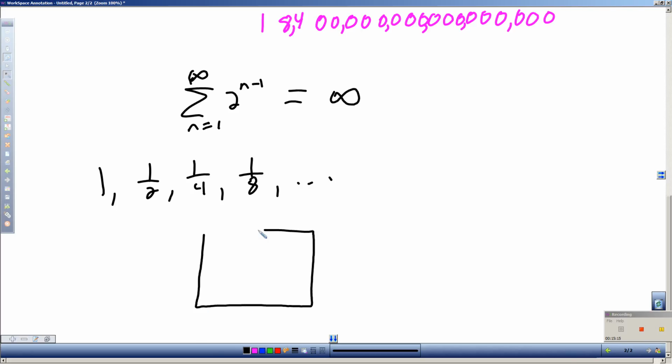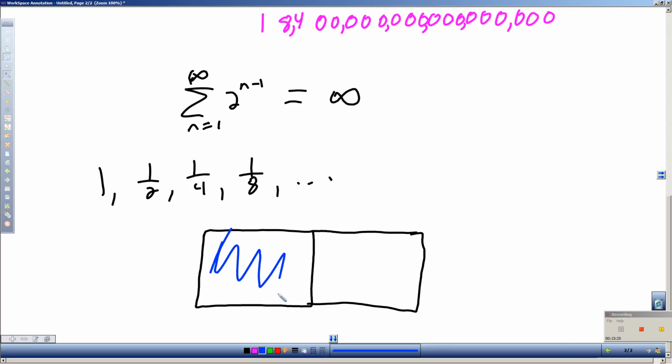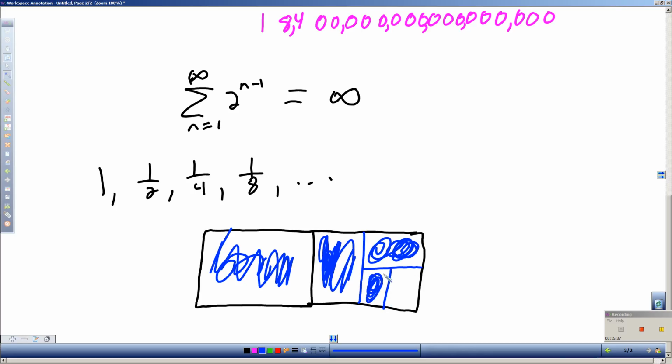So, consider if this is 1, because this right here would be another 1, right? So I'm going to say we're adding up this whole thing: that's our original 1, plus half of 1, which would be this amount, right? Plus 1/4, which would be here. Plus 1/8, which would be here.